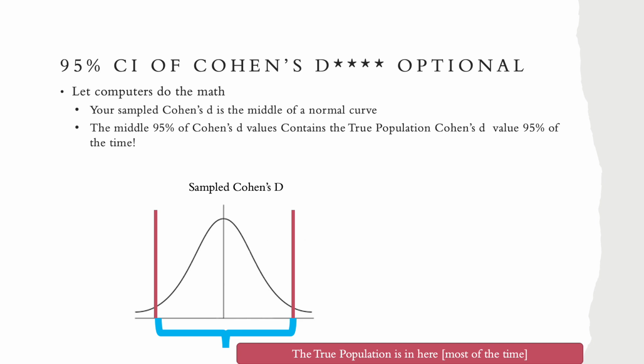But essentially, what's a 95% confidence interval of a Cohen's d? Your sampled Cohen's d is the middle of a normal curve. You look at the middle 95% of this normal curve that is centered around your sampled Cohen's d. That's our 95% confidence interval. And what we know is that 95% of the time, 95% confidence intervals contain the true population's Cohen's d.